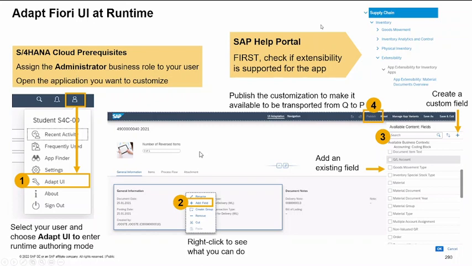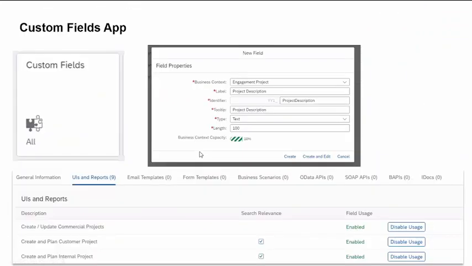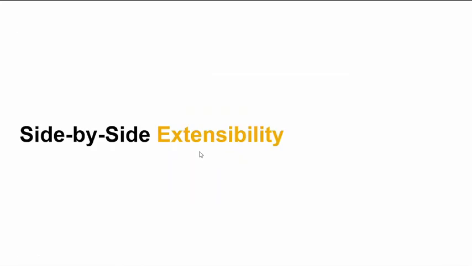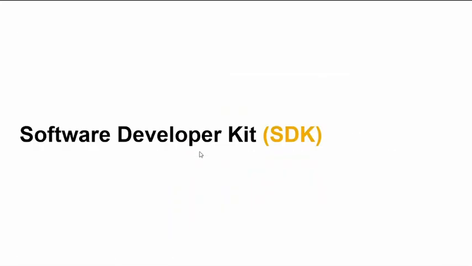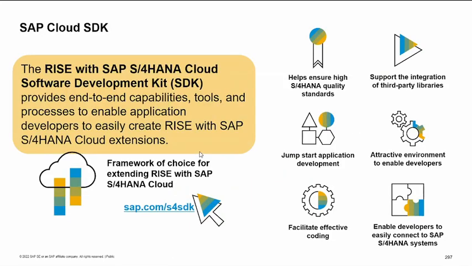In the help portal, for example, or in the Fiori application library, you can check whether extensibility is supported for your application. You choose Adapt UI and you do what you've seen in real time in the system before. This is an introduction to the custom field apps and so on. And that's it.